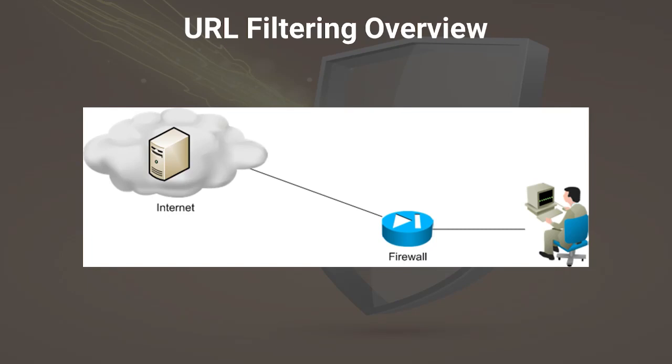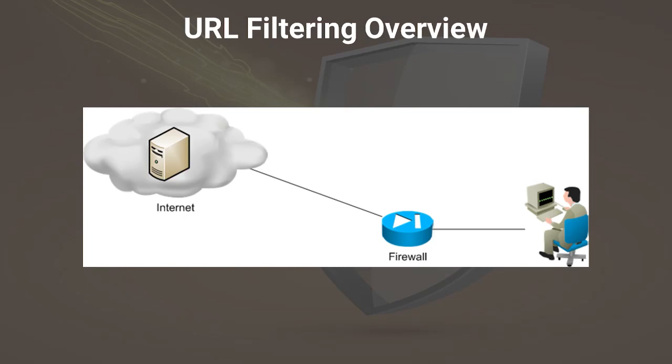So in some cases, the firewall will not be able to match the URL request against the list of categories it has. For example, here in the picture we have 3 categories: adult only, gambling, and malicious. But modern firewalls have dozens of these categories.